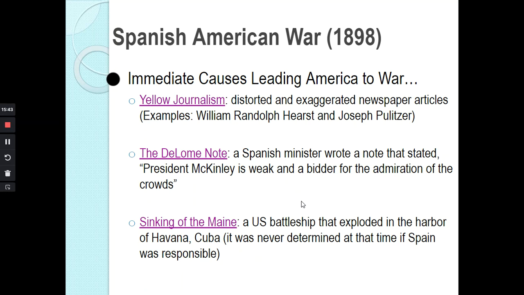So, the immediate causes that led to war. One, yellow journalism. You have seen these two names before, William Hearst and Joseph Pulitzer. In today's time, if you are a reporter, if you report for the New York Times or the Wall Street Journal, or if you're involved in places like CNN, Fox News, all those different ones, the prize you want to win as a reporter is the Pulitzer Prize.